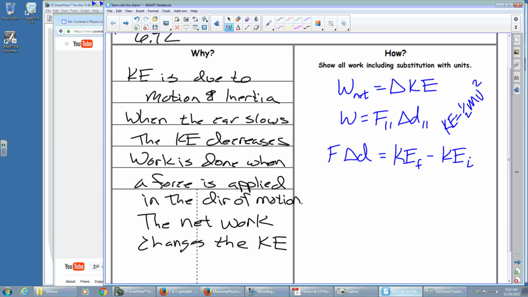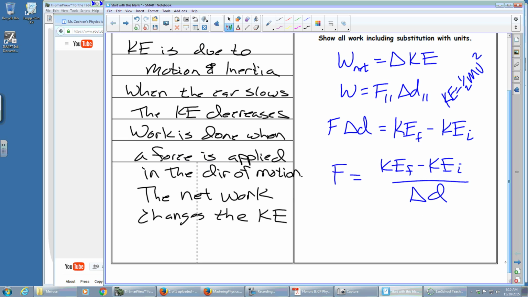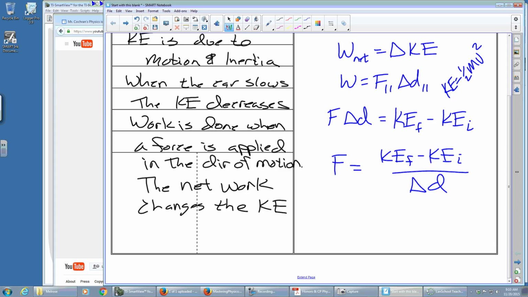So what do they ask me to find? They ask me to find the force, right? So I'm going to combine these together into one expression. I just brought the delta d to the other side.